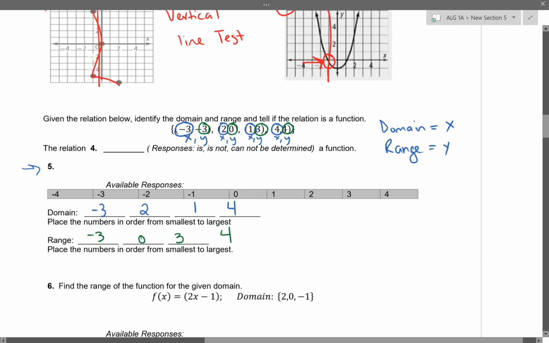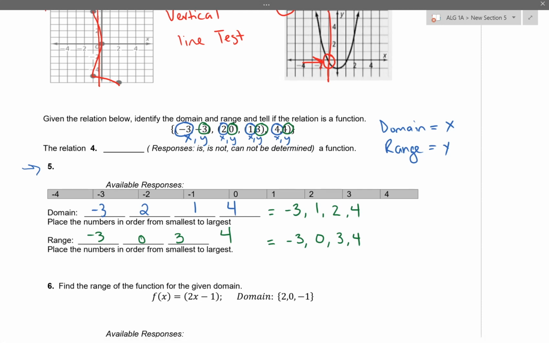But here's the thing, it says place the numbers in order from smallest to largest. So my smallest number is -3, then 1, 2, and 4. For the ranges, I have -3, 0, 3, and 4. So let's determine, is this a function or not? Well, is any of my x's cheating?